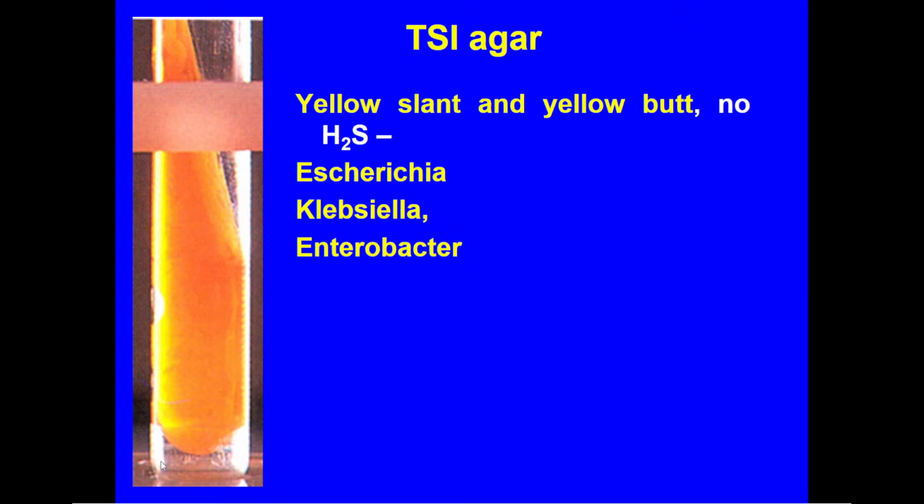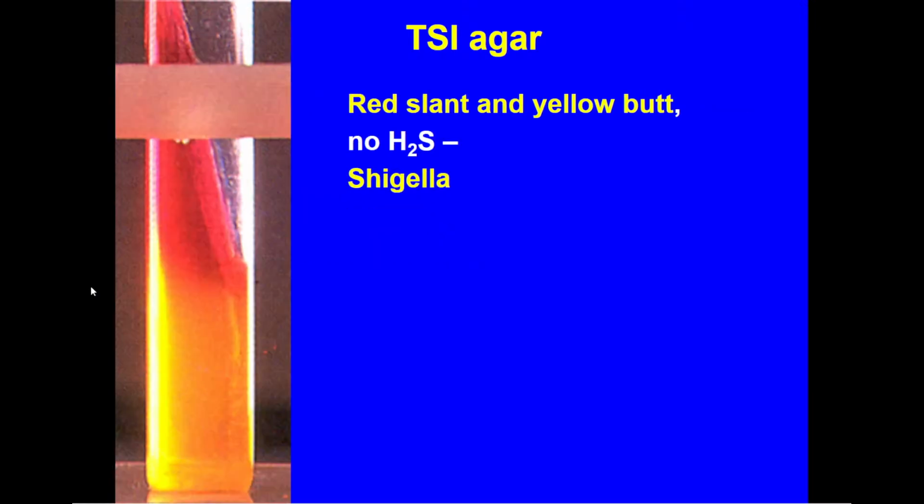It means the fermentation happens with acid and gas formation. Not hydrogen sulfide, but gas, carbon dioxide. Then this slant is also yellow. It means that lactose in aerobic conditions is also fermented. But there are no black clouds. It means hydrogen sulfide is not produced.